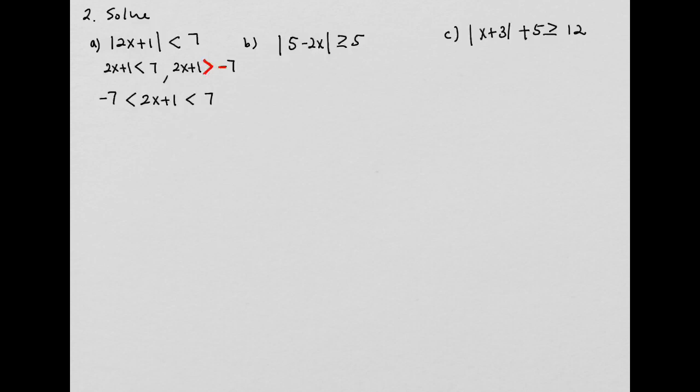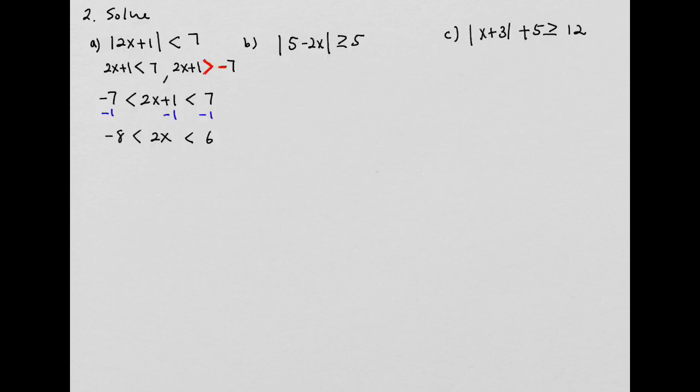So let's see. The first thing I need to do is subtract 1. It means I'm subtracting 1 on all three sides. I will end up getting negative 8 on the left side, and then 2x in the middle, and 6 on the right.